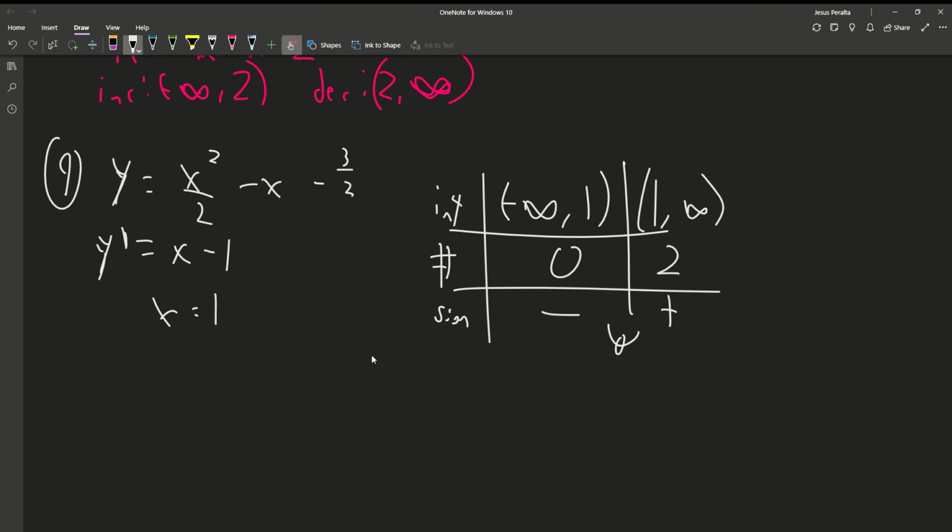That means that would be your min. So you would have your relative min at x is equal to 1, increasing on the interval of 1 to infinity. And then you have your decreasing interval from negative infinity to 1.